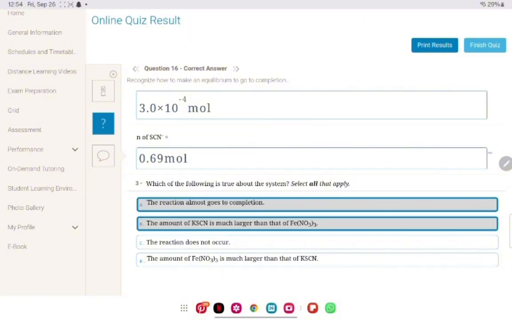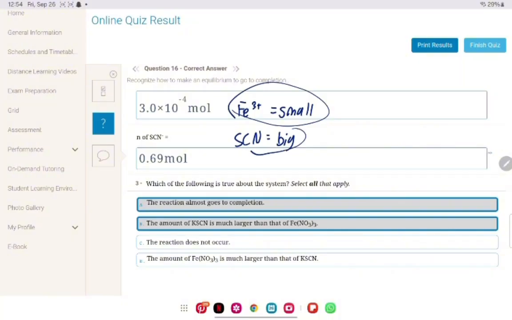The reaction almost goes to completion. Basically, Fe3 plus is so much less than SCN, like you can tell. So since this is so small, it gets used up in the reaction, like almost gets fully used up, and this will stay the same because you're reacting most of this.